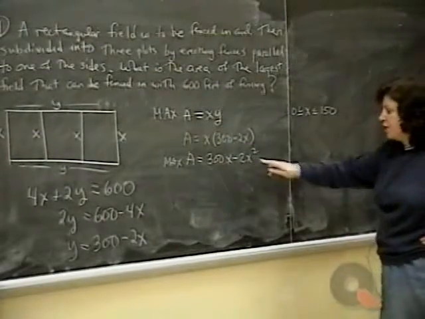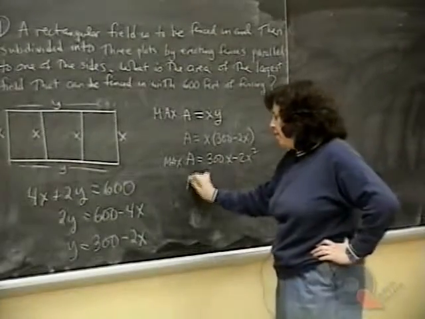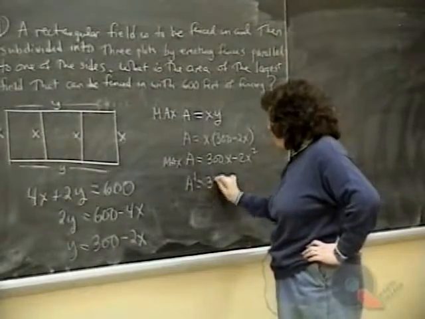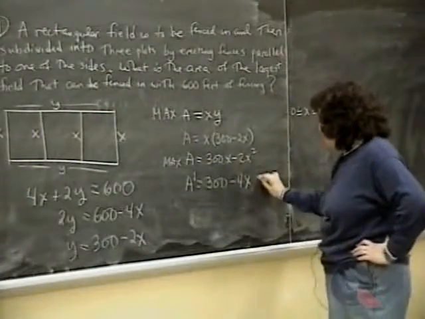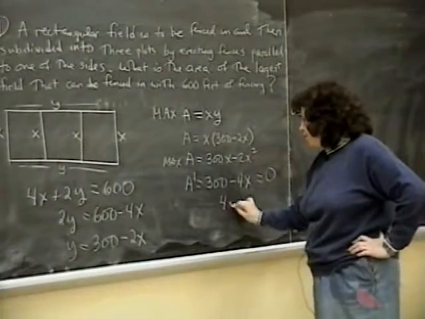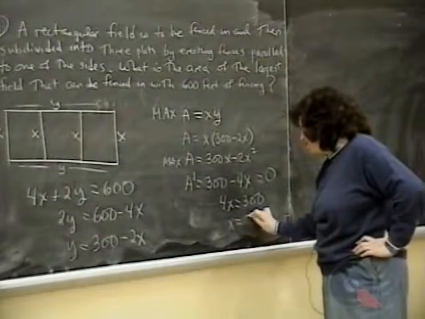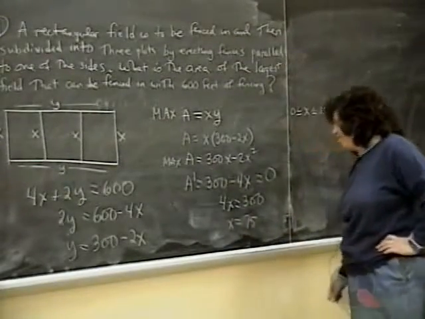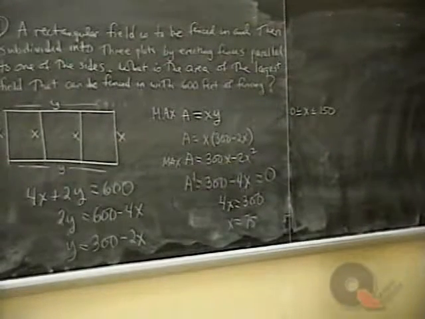Okay, to do it as a continuous function on a closed interval, which you can do, you get the derivative, 300 minus 4x. We set it equal to 0. We get the critical number. 4x is 300, x is 75. 4 into 300 goes 75 times.